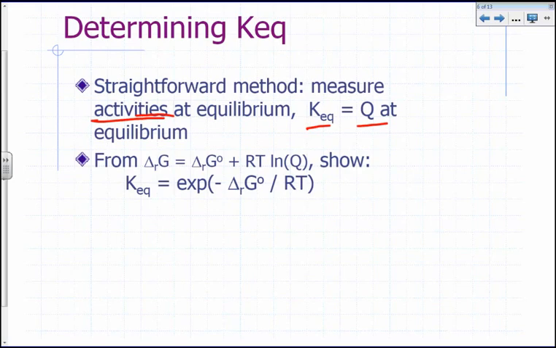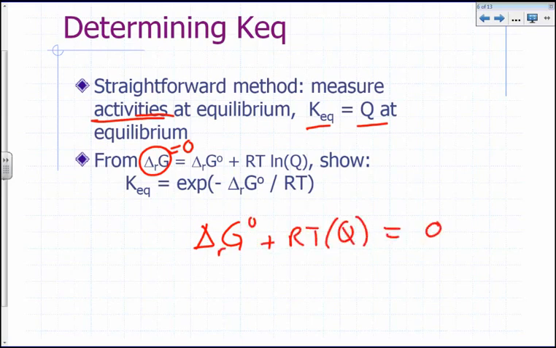At equilibrium, delta G is equal to 0, right? So delta G naught plus RT ln of Q must be equal to 0 at equilibrium, and at equilibrium, Q equals KEQ.